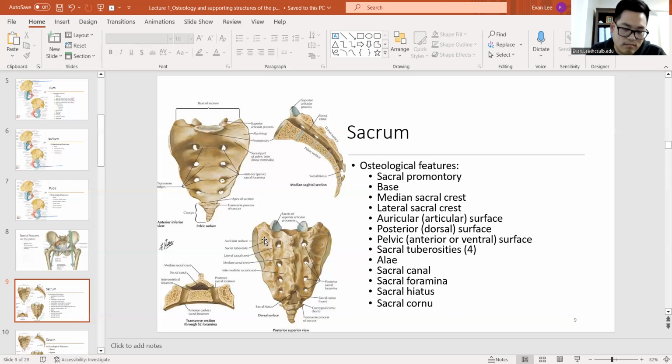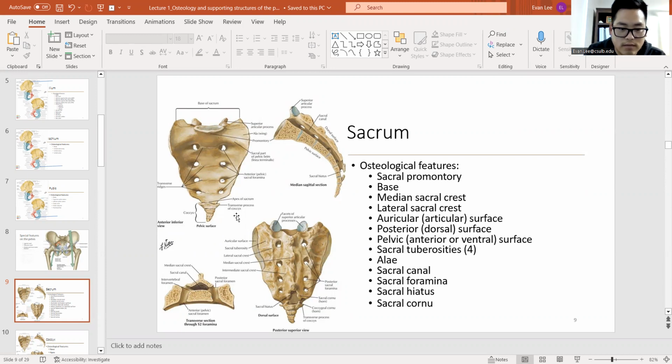So specifically, as we'll see, ligaments. But if you look at the top here, there's actually a hole. Oh, actually, you can see it here. This hole in the middle is where nerves will travel through, like from the spinal cord, not necessarily the physical spinal cord, but nerves that come from them. This is going to be called the sacral canal. So the sacral canal, that's going to be up here.